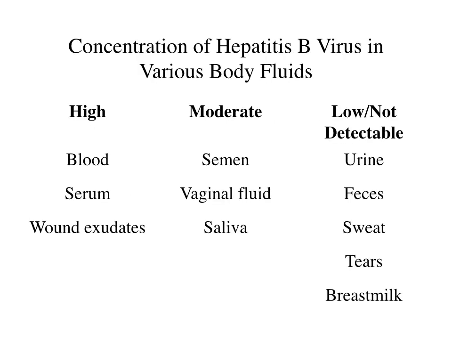So, as explained in the previous slide, HBV is transmitted by percutaneous or permucosal exposure to infectious blood or body fluids from persons who have either acute or chronic hepatitis B infection. The highest concentrations of virus are in blood and serous fluids. Lower concentrations are found in semen, vaginal fluid, and saliva.